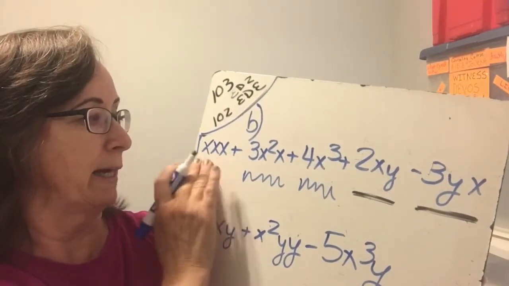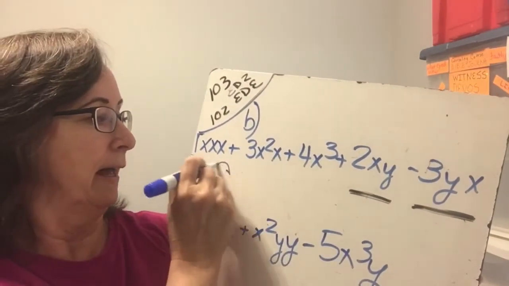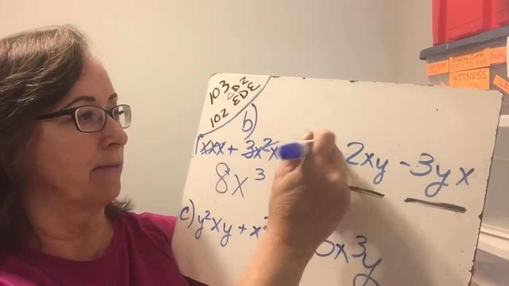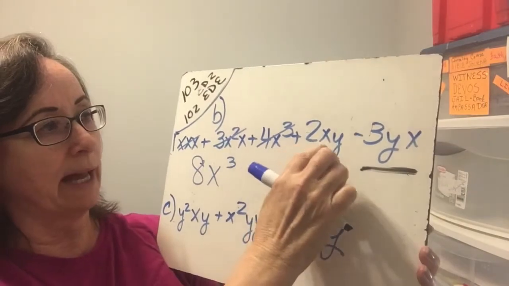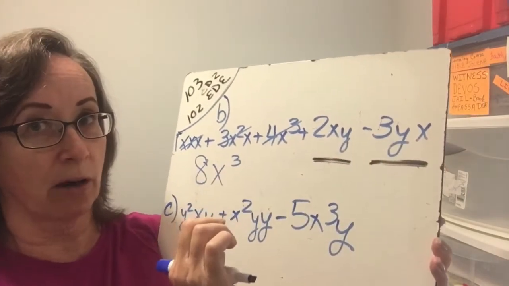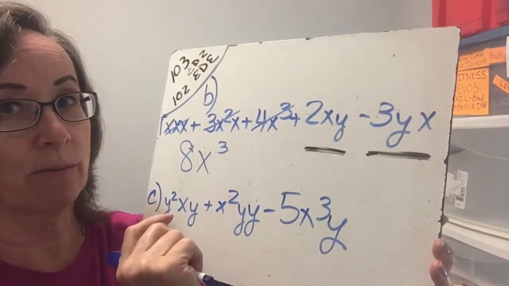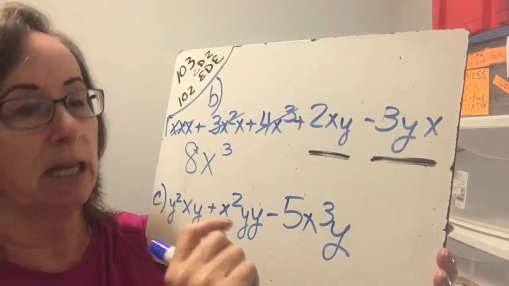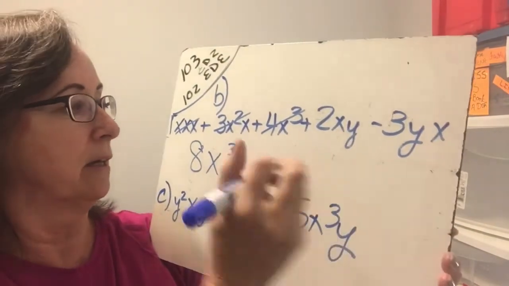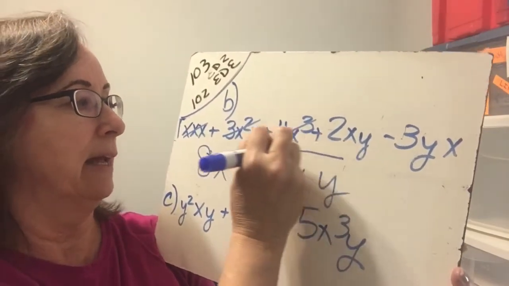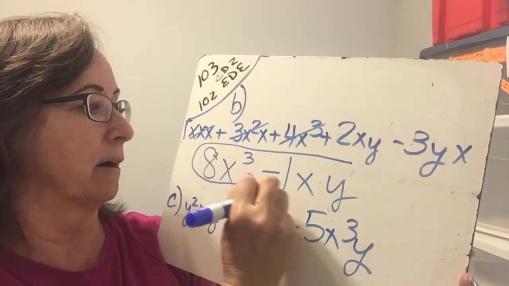So we'll just write down here 8x cubed, and that takes care of all of those. And then we have an xy and a yx, which are also like terms. So 2 plus a negative 3 is a negative 1 xy. So we'll put negative 1 xy, and we are done.